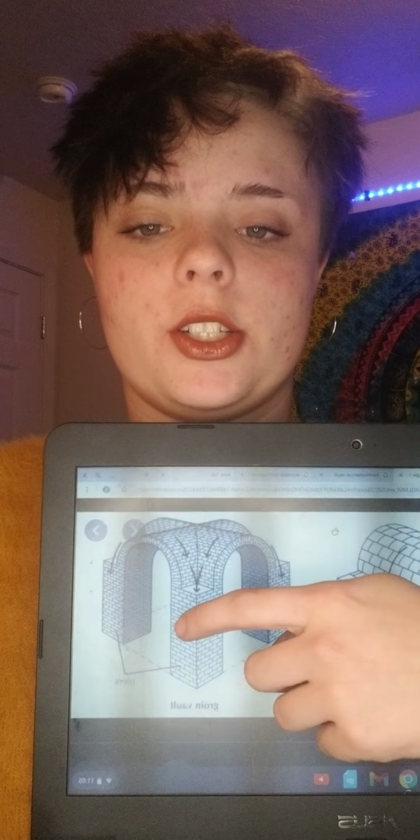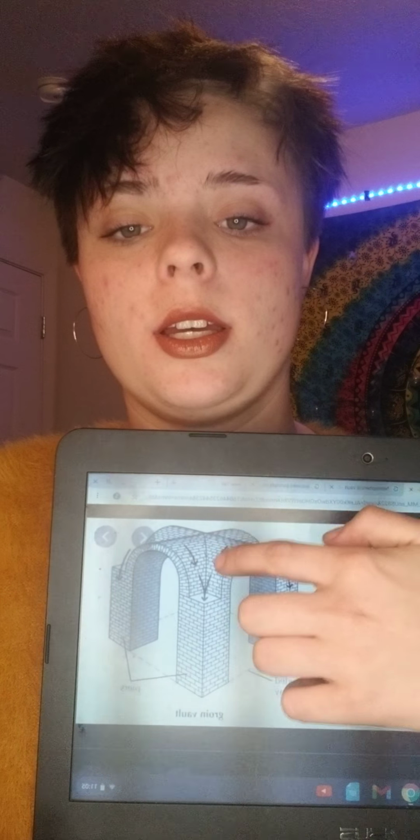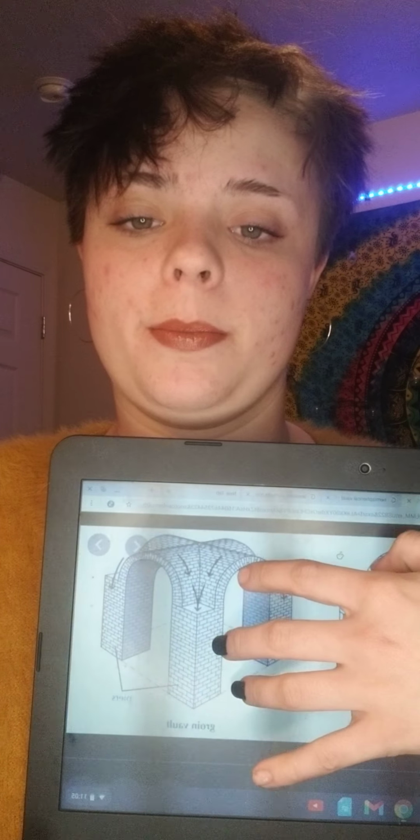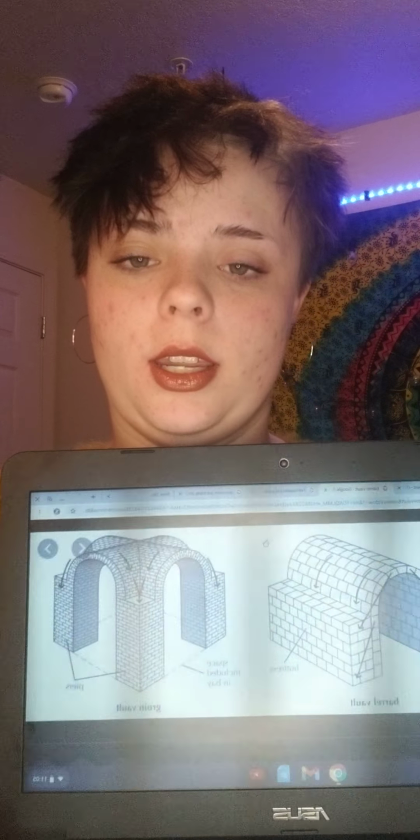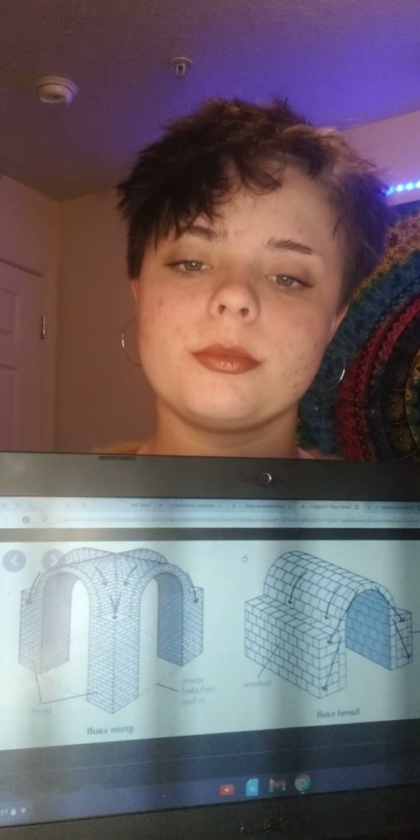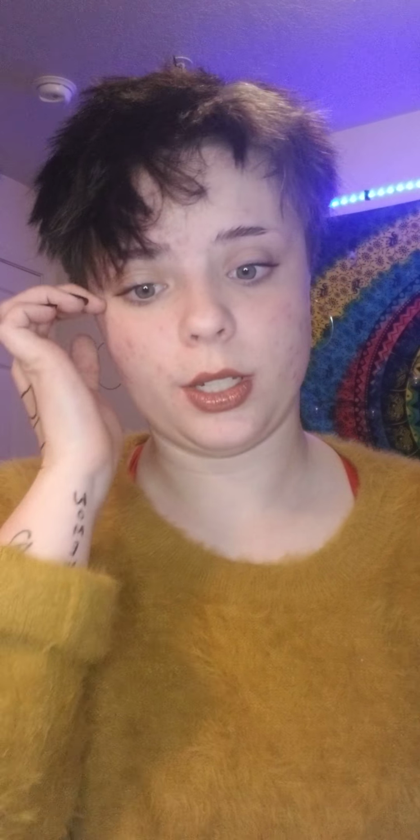You see how there's two arches, well, technically four, two on either side, but it's two barrel vaults in a cross pattern. So those are two different types of art types for buildings anyways.